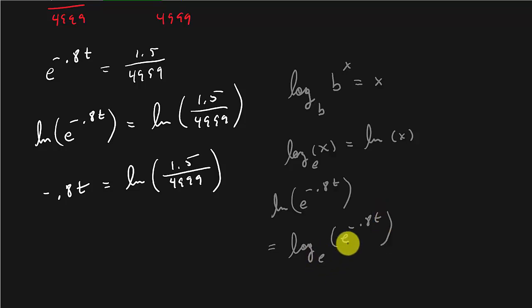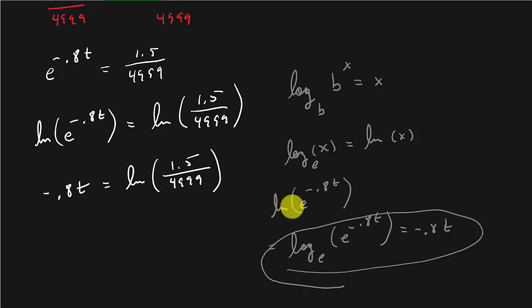And since the base of the log and the base of the exponent are the same, that is just equal to your exponent. Now, we don't normally write this out like this. You just leave it as ln. You've just got to know and picture in your head that ln has that base e there, and that's what happened over here when I did the left-hand side.